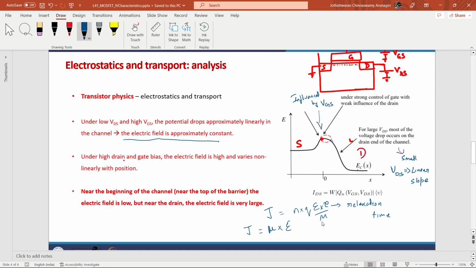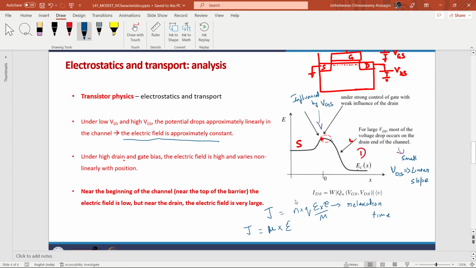Yes, sir. Okay. So now, if E is constant, then J will also be constant throughout the channel. Is that clear? So that is what I would ideally want. I would not want the current to fluctuate in my channel, because a rapidly fluctuating current will lead to other non-ideal effects.